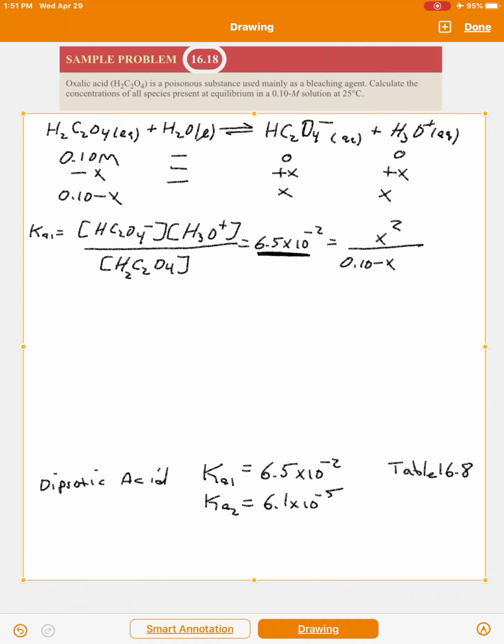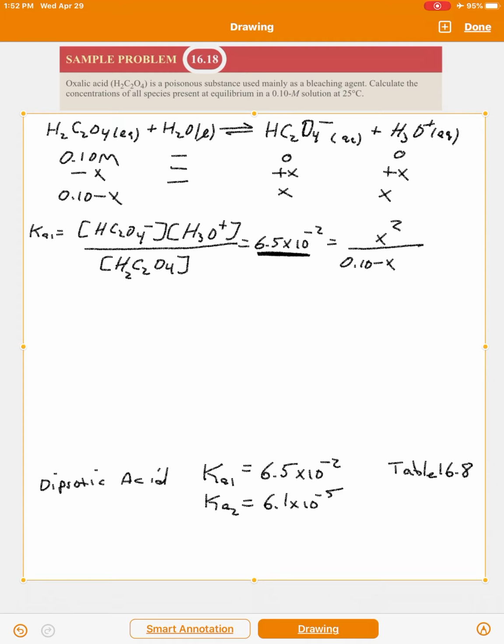But when you get up to negative 2, it's just not a good assumption, which means we cannot simplify in this case. Okay? So that means we got to go about it the hard way. We got to use the quadratic formula. So let's set it up for our general formula, ax squared plus bx plus c equals 0, and that will allow us to figure out the equilibrium concentrations of everything, which is really what they're asking us to do.